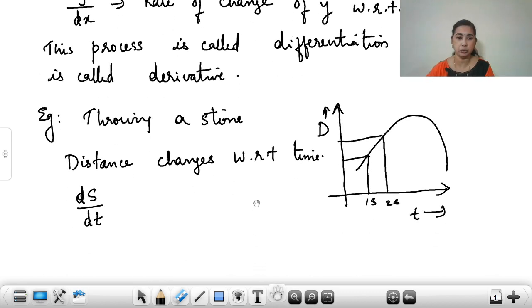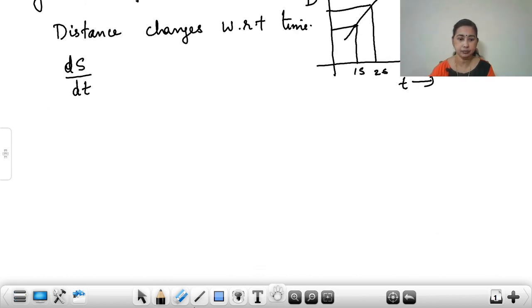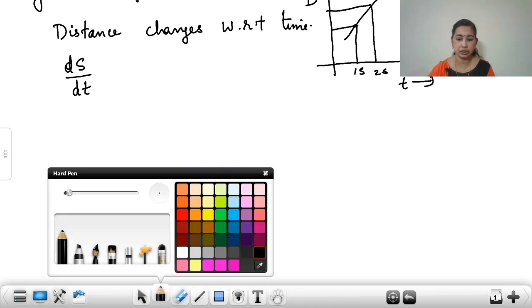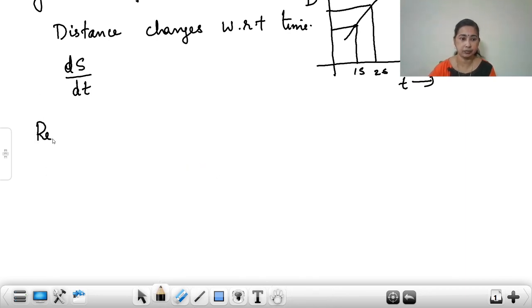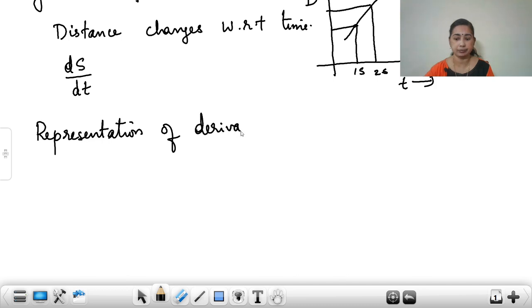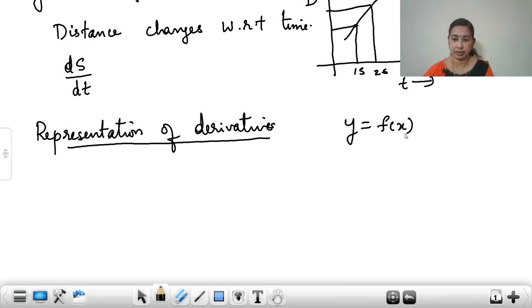Next we will study how to represent, that is, the representation of derivatives. Let the function y is equal to f of x.